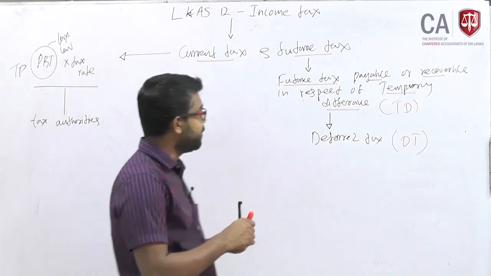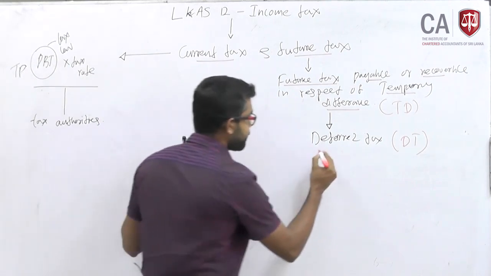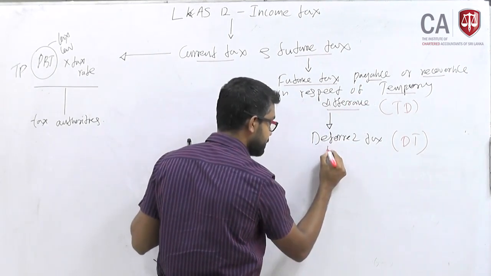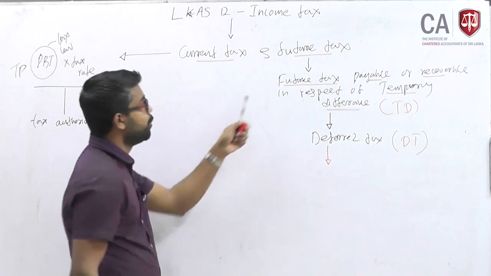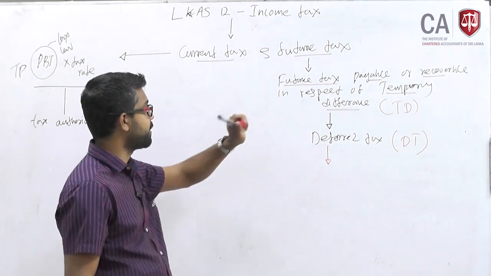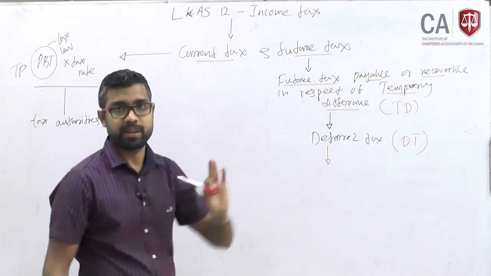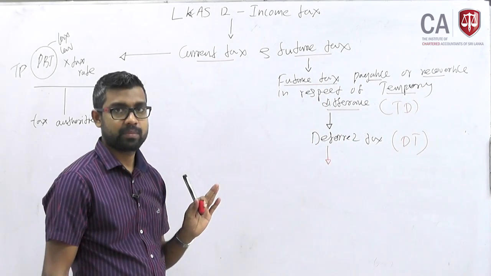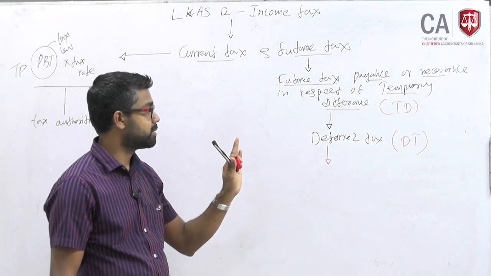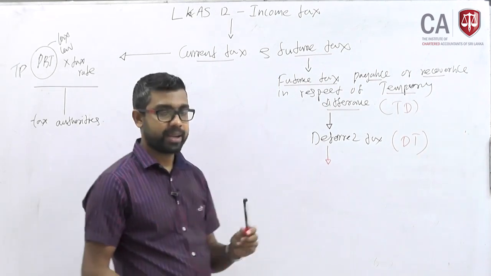Deferred tax will arise because of a timing difference that we have discussed now. It's a future tax concern. Future tax payable or recoverable in respect of temporary difference, which is called deferred tax.